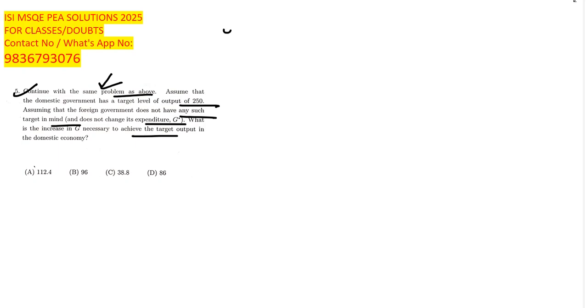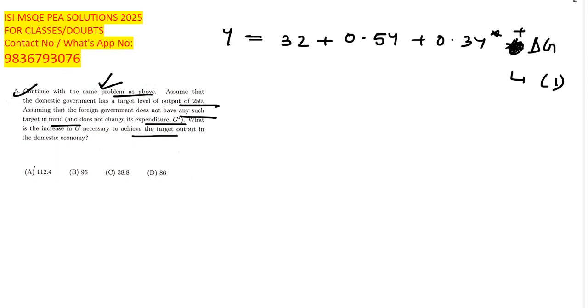Here y equals 32 plus 0.5y plus 0.3y star plus delta G, the change in G. This will be equation 1.